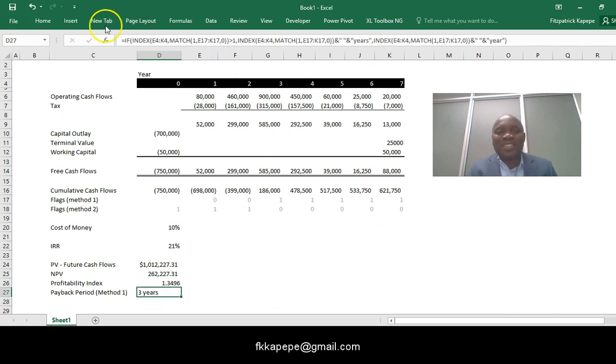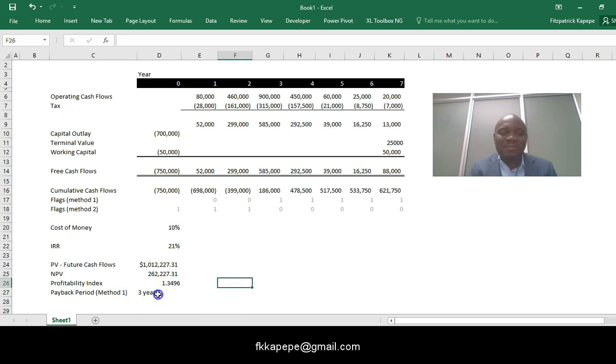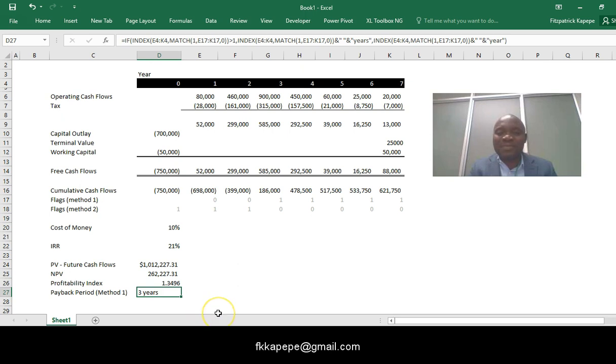But you don't need to put this formula. That's how complex it was when we were creating this model, but you can just leave it as payback period. So here what I was trying to bring in is that if it's just 1 year, it should show 1 year. If it's more than 1 year, it should show 2 years or 1.5 years and all that.